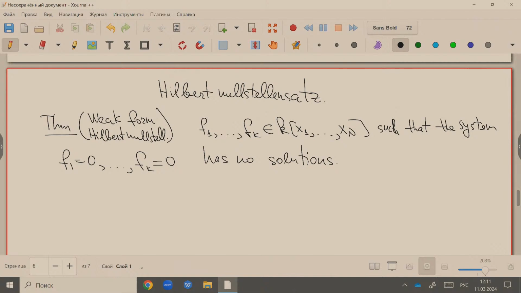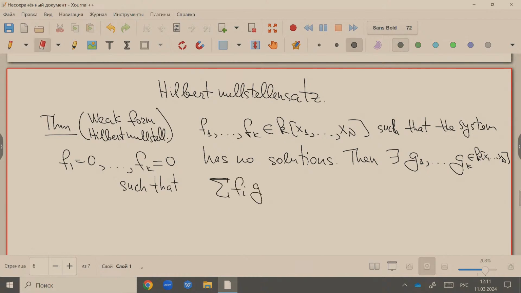So then there exists a collection of polynomials G1, etc., Gk such that the sum of Gi Fi is just a unit polynomial.